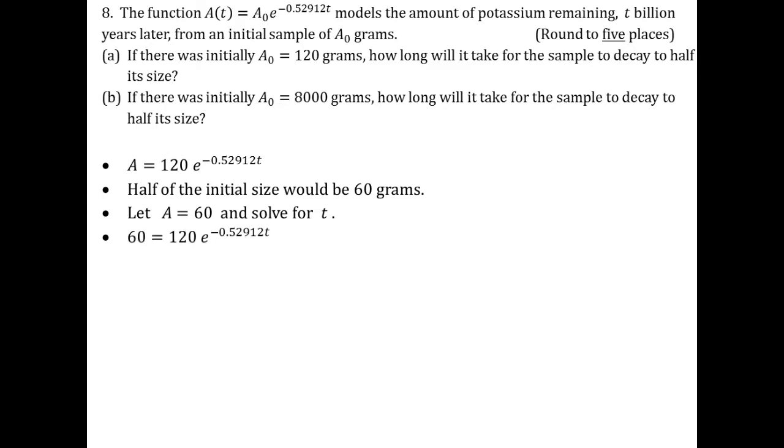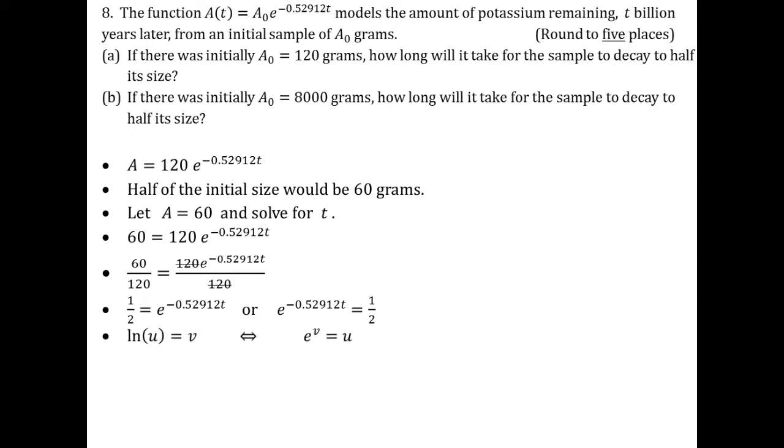So we put that in there, and we want to isolate the factor that involves the t by dividing by 120, and that leaves us with 1/2 equals e to the negative 0.52912 t. And then we're going to convert this from exponential to logarithmic form. Remember, log base e is natural log.